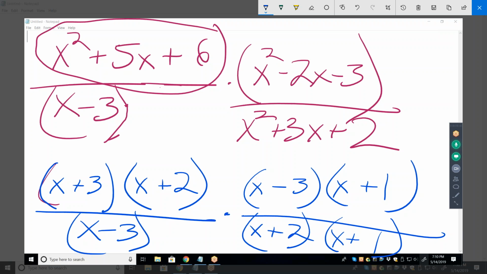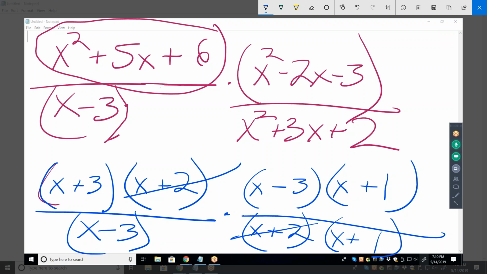Go to town on canceling. Tell me what I can cancel. Okay, so you can cancel an x plus 2. Be sure you understand that when I say cancel, what I'm really doing is replacing that with a 1. In other words, x plus 2 over x plus 2 is 1.